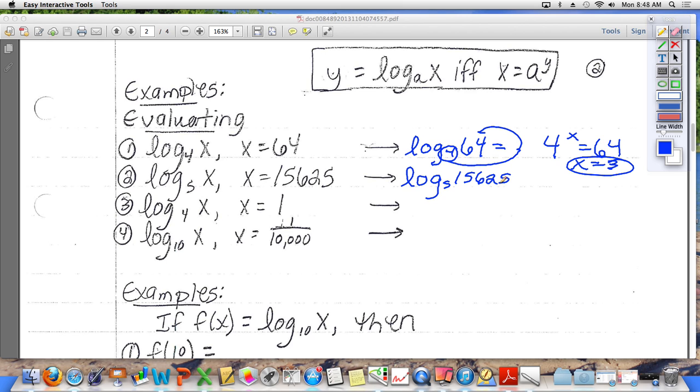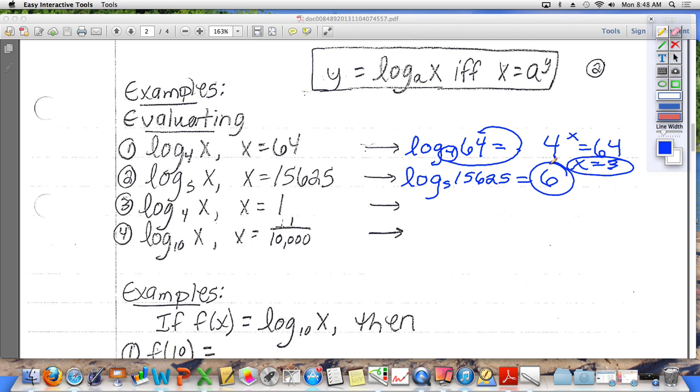You guys are going to have to play around with some numbers. 5 to the first power is 5. 5 to the second power is 25. 5 to the third power is... 5 to the 6th power will get me 15,625. So the value of log base 5 of 15,625 should be 6. That's our answer, 6.